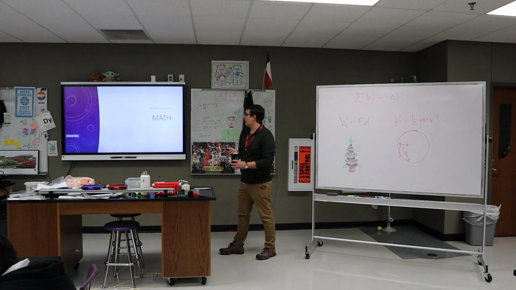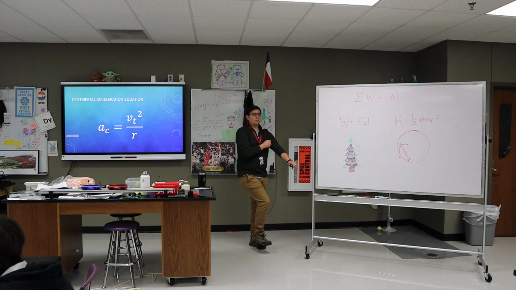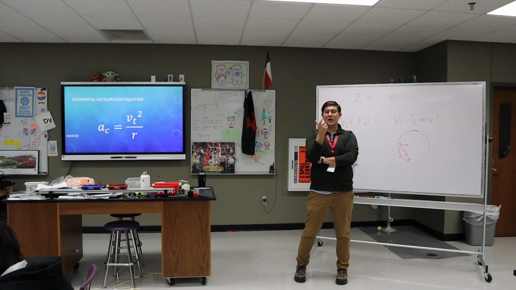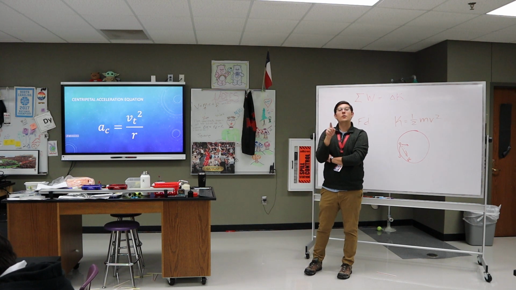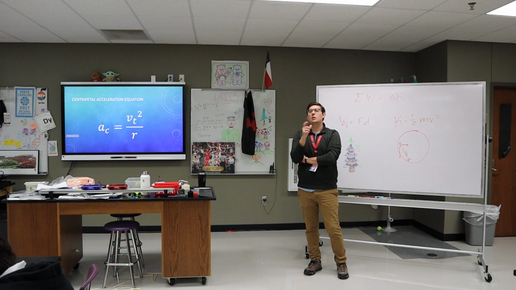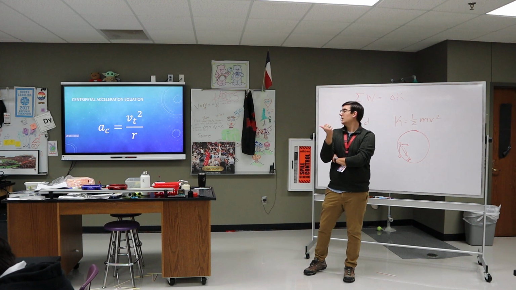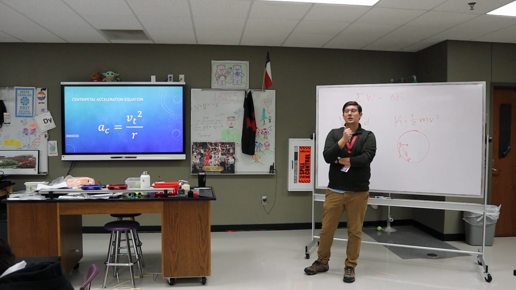So that brings us to the math, and really there's just one equation you need to have here. So what this equation is doing is it's comparing the centripetal acceleration with how fast you're moving and how big the circle is. So Vt is the tangential velocity, and r is the radius of the circle. Okay?